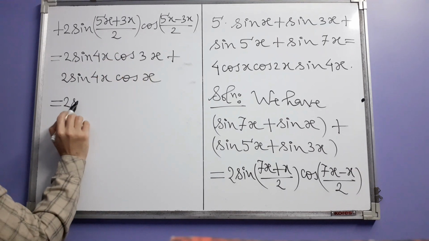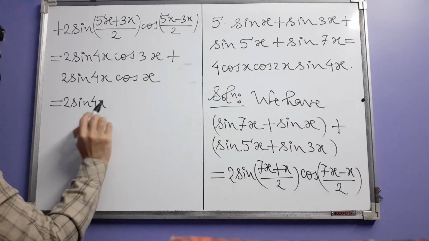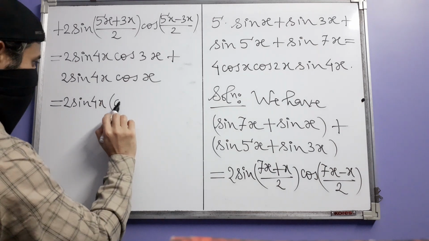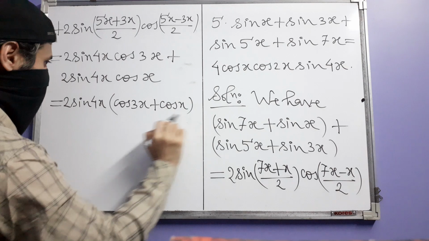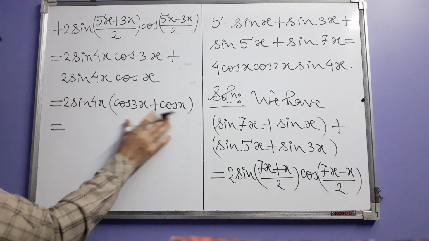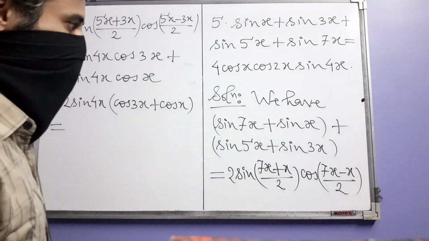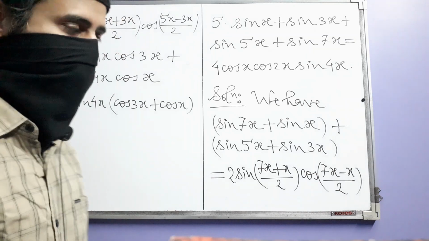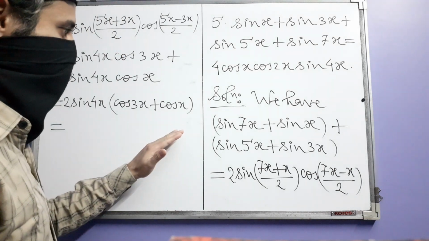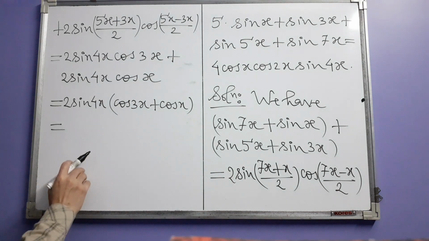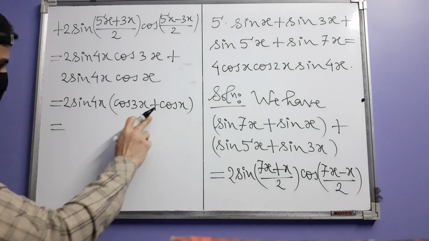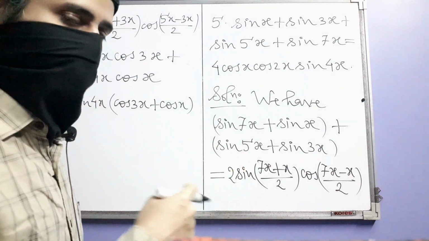So, after taking 2 sin 4x outside, we are left with cos 3x plus cos x. Now, to this we have to apply the cos C plus cos D formula. That means 2 cos of C plus D by 2 cos of C minus D divided by 2. Because you have cosine, either you have cos cos or sin sin.